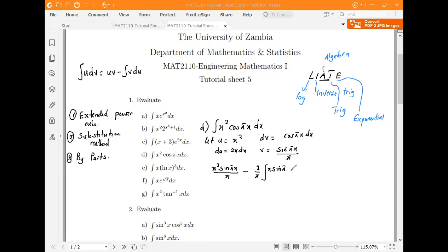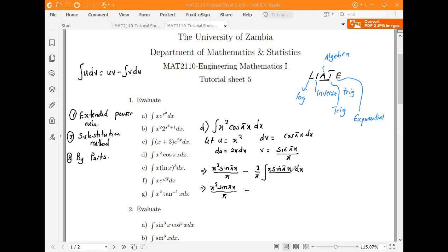This is x and x. Okay. So now, what do I have? I now have x squared sine pi x over pi. This one is already done. Minus. Now the integral of this.